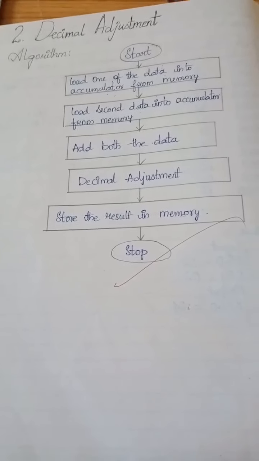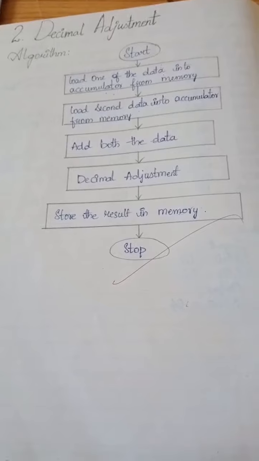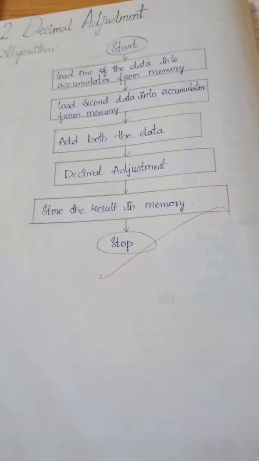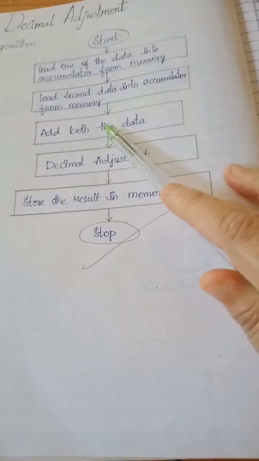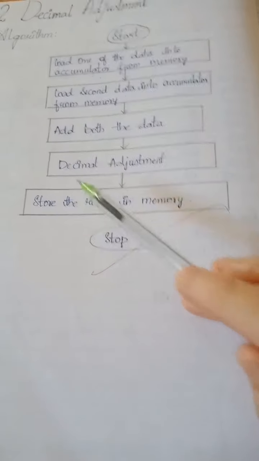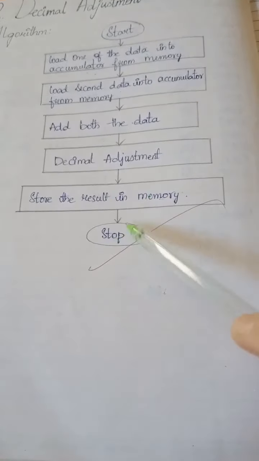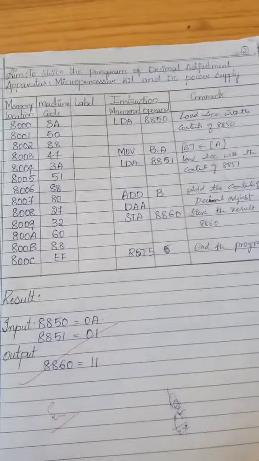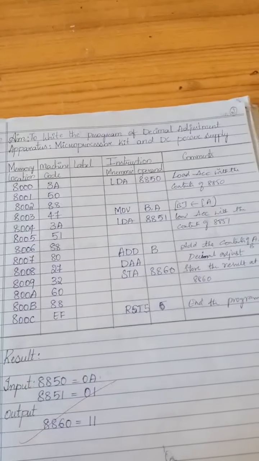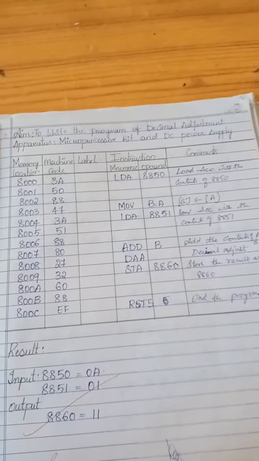We load the first data and second data, add them, apply decimal adjust, and store the result in the memory location. Now we will execute this program in the 8085 microprocessor kit.